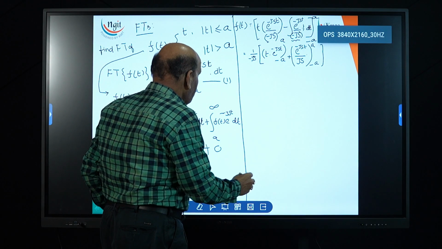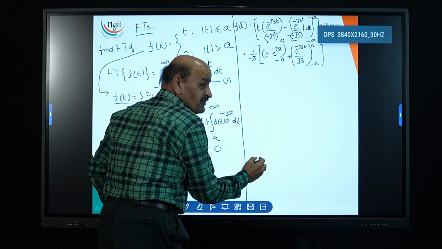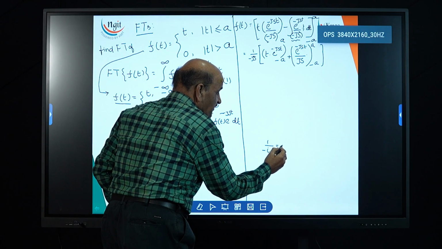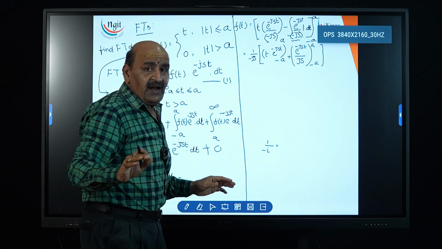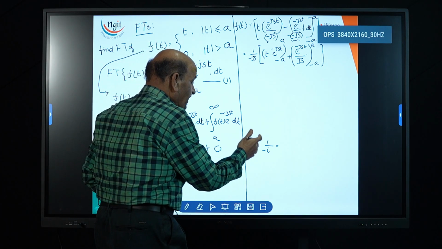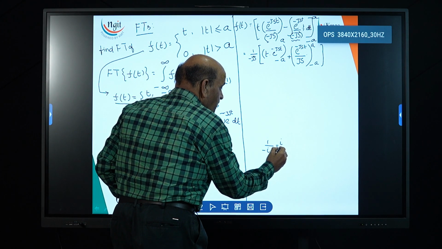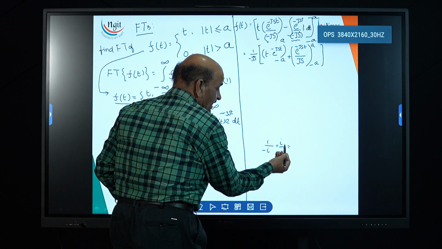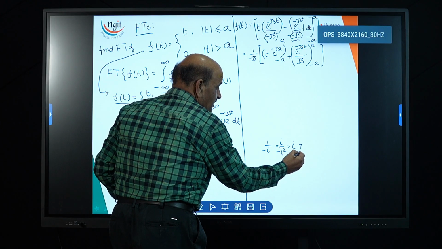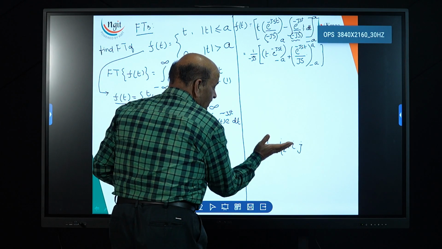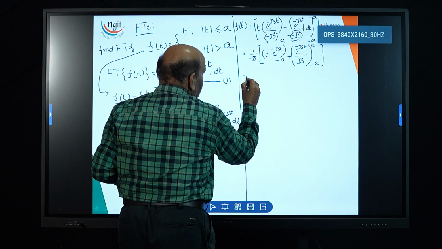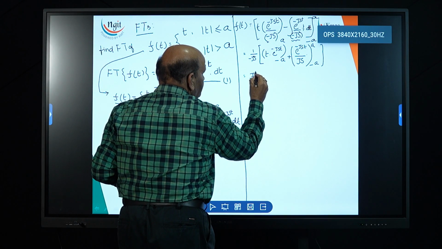Now in complex numbers, what do you have? Minus i. No complex number is allowed in the denominator. So multiply by i in numerator and denominator. i square equals minus 1, so minus 1 into minus 1 becomes i. In electronics and electrical we write j. Therefore instead of 1 by minus i, we get j. So this will become j by s.